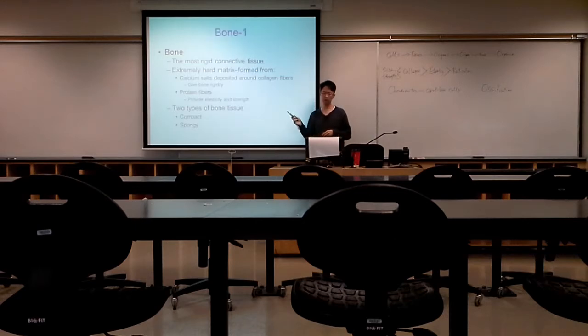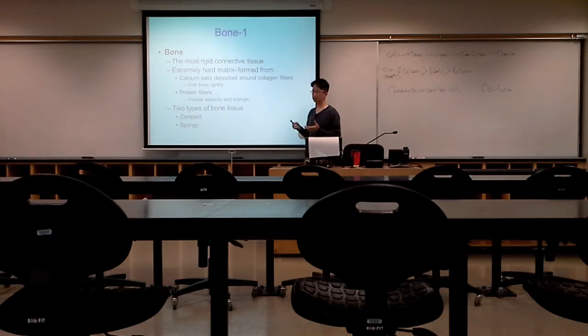So bone, also known as compact bone, is the most rigid connective tissue. Even though bone is considered a connective tissue, it also has matrix. The bone has calcium salt deposits around the collagen fibers.